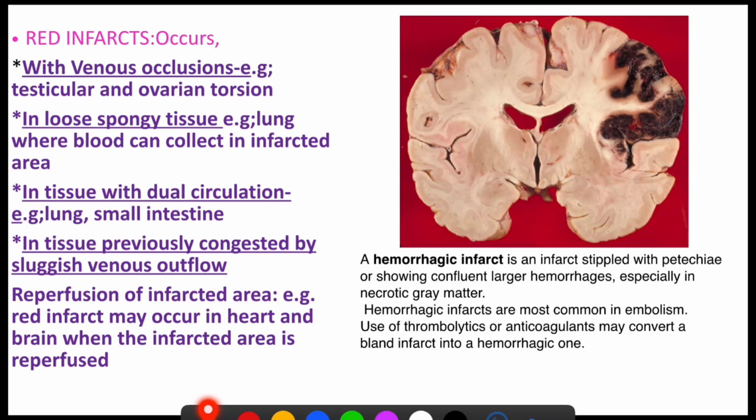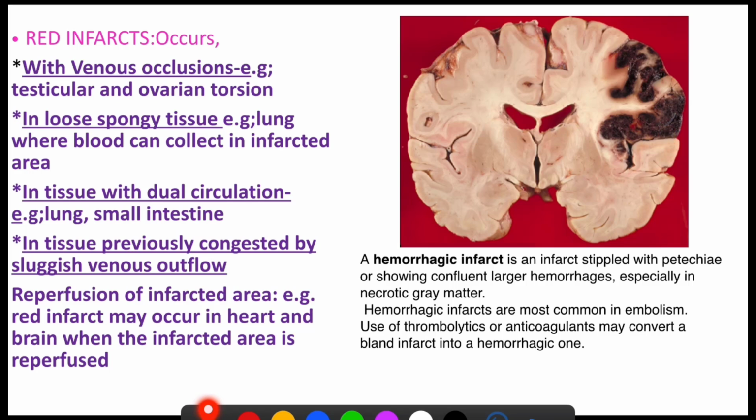The cause of this hemorrhagic infarct is reperfusion injury. Whenever a patient presents with any emboli or thrombosis and is given treatment for reperfusion, there are chances of a red-colored infarct in this particular area.